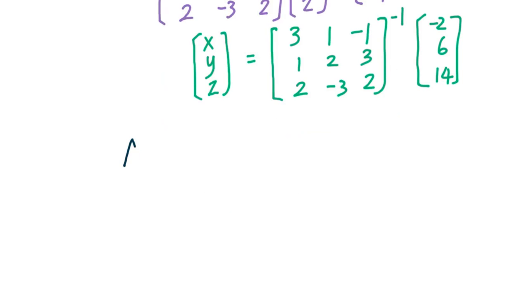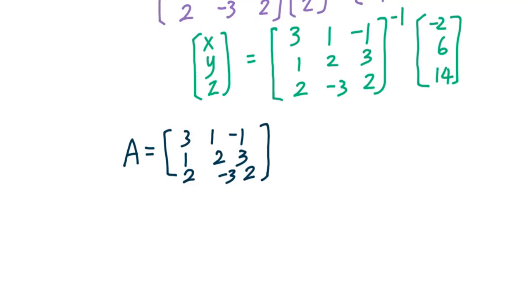Let's make this matrix A equals [3, 1, -1; 1, 2, 3; 2, -3, 2]. Let's figure out the determinant first.